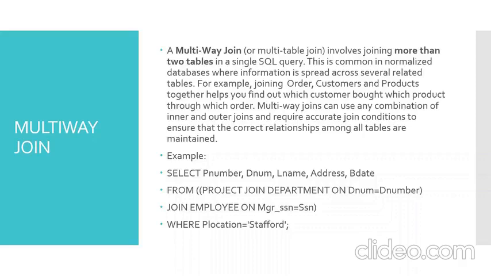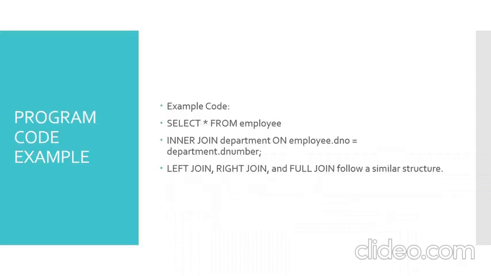The location Stafford, wherever Stafford is there, it will filter the data. So here you can see this program code example. This is the example code. You can use this.